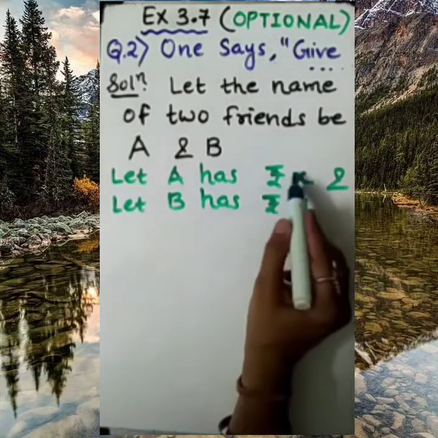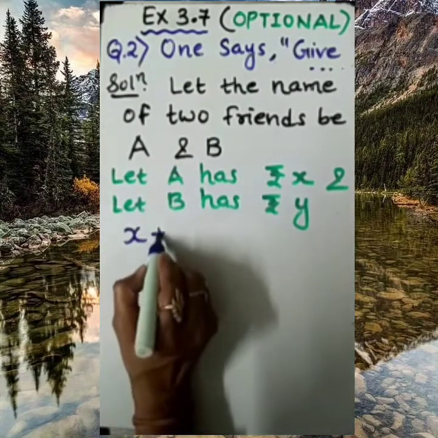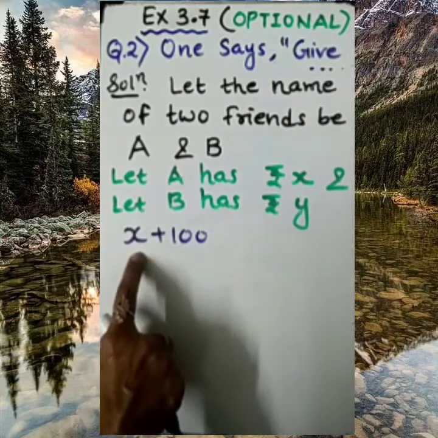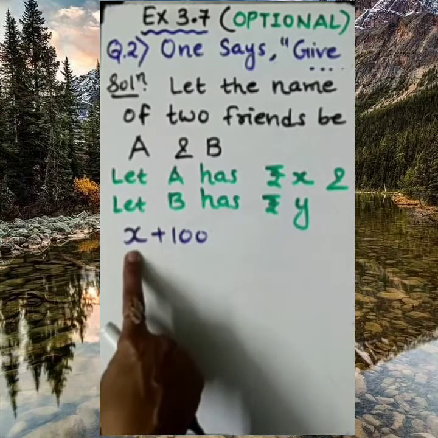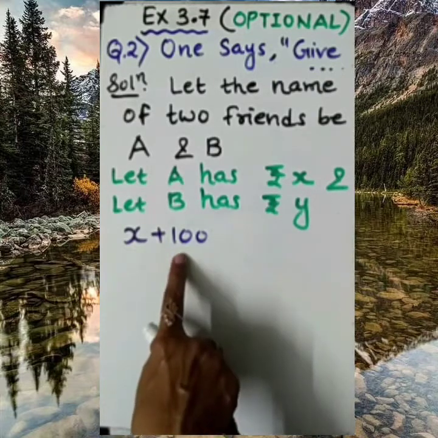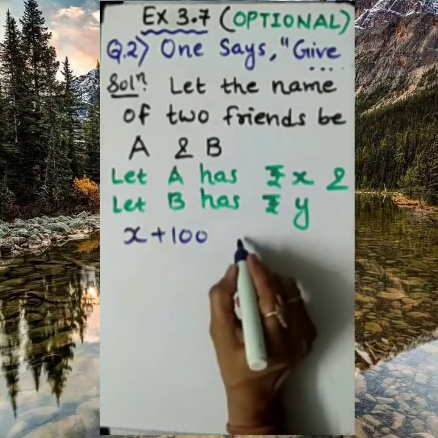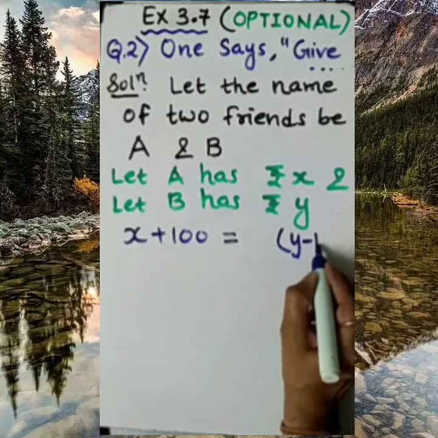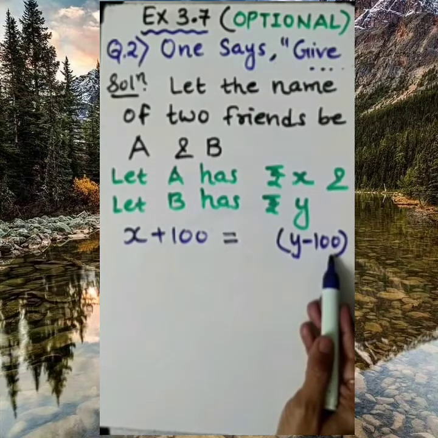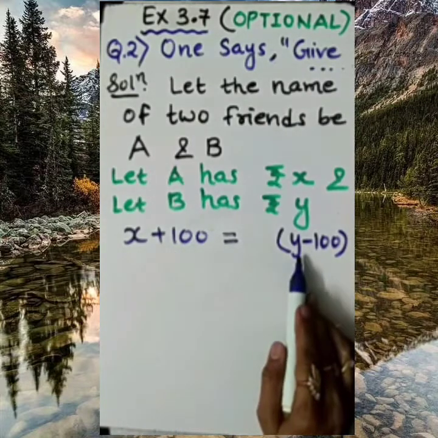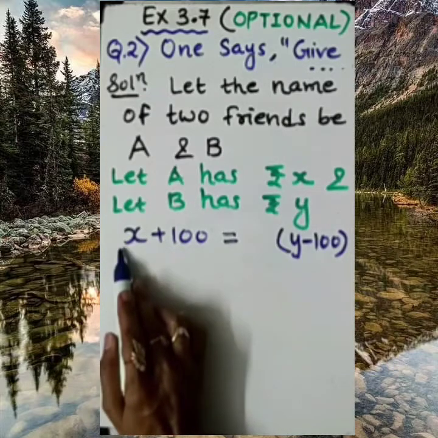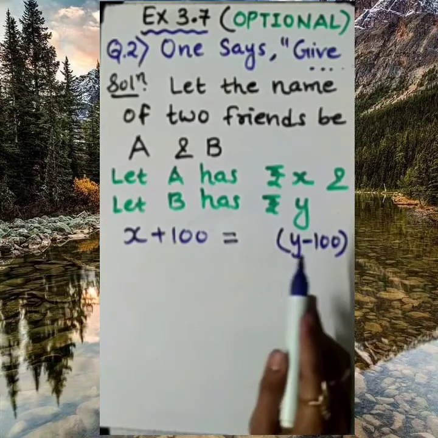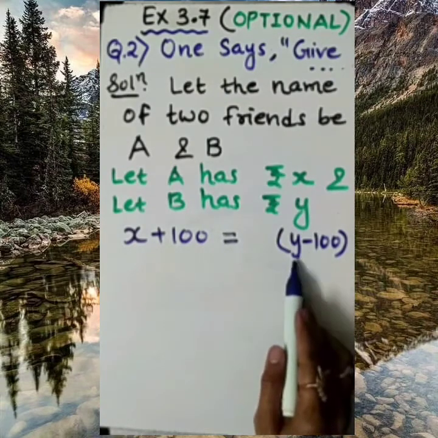Friend A says, if you give me 100 rupees, it means some amount x is already with him, and he is asking for 100 rupees from the amount of B. So whatever amount is with friend A, 100 will be added, and whatever amount is with friend B, 100 rupees will be subtracted. That's why here y minus 100.